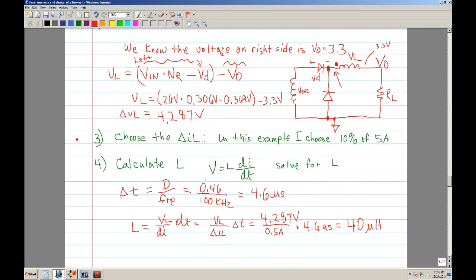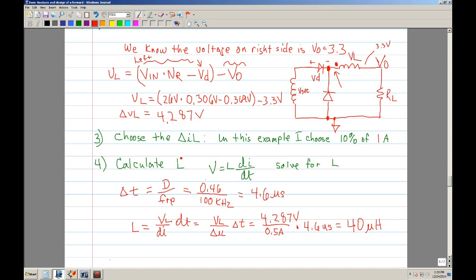Then step number 3, I choose the delta IL in this example. I made a little mistake here. Notice that this is supposed to be 1 amp. So let me go ahead and do the math again.